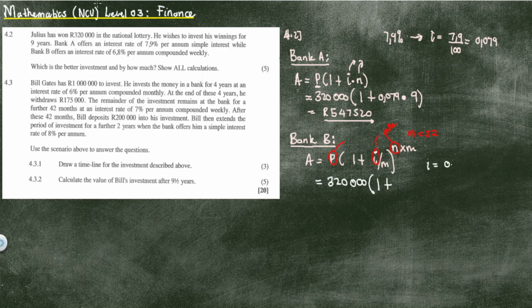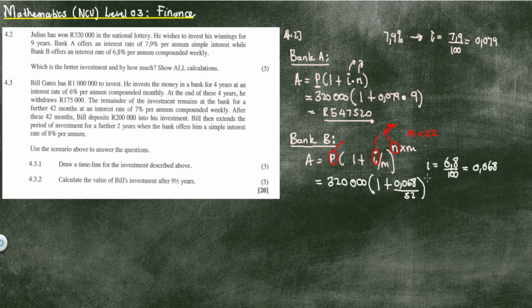Let me just calculate it like this. 6.8 over 100, I'm getting 0.068. Then that's what I'm going to substitute. 0.068 divided by, what's the compounding period? 52, it's weekly. What is n? n is the number of years.